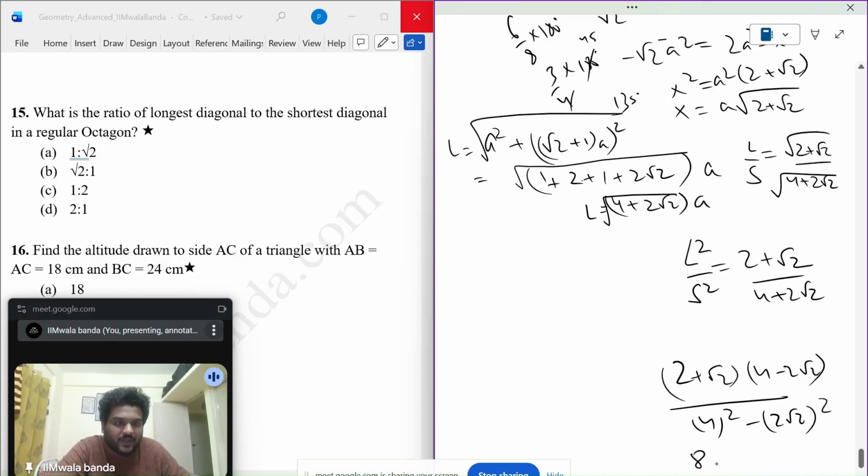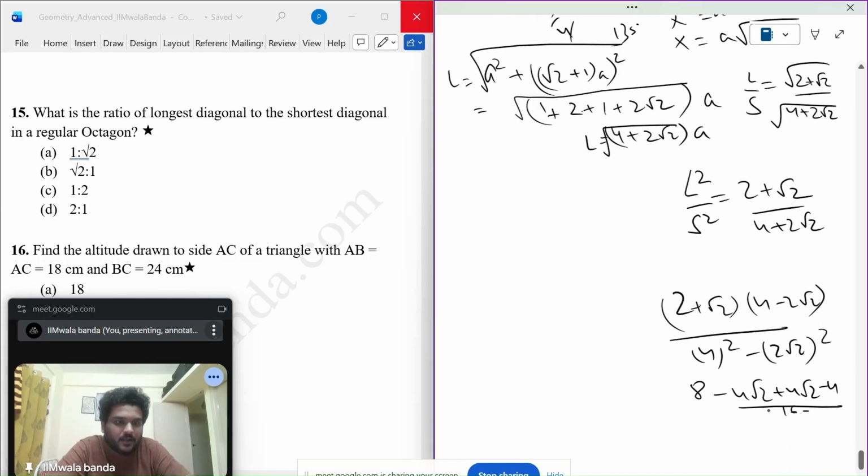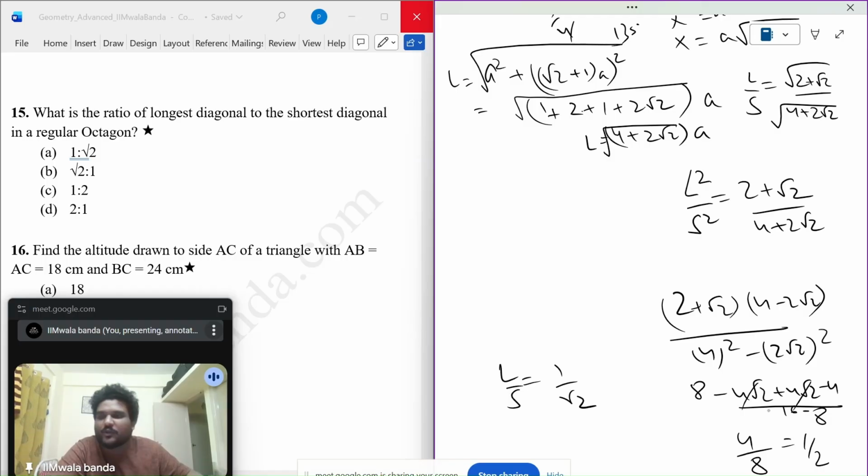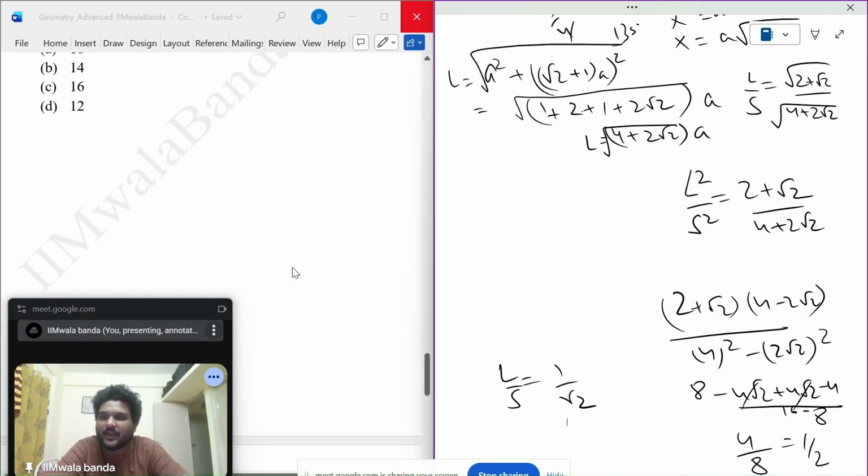Let's see, 8 minus 4 root 2 plus 4 root 2 minus 4 upon 16 minus 4 into 2, 8. Now this is getting cancelled. So this is basically 4 upon 8, half. So L by S should be 1 by root 2.